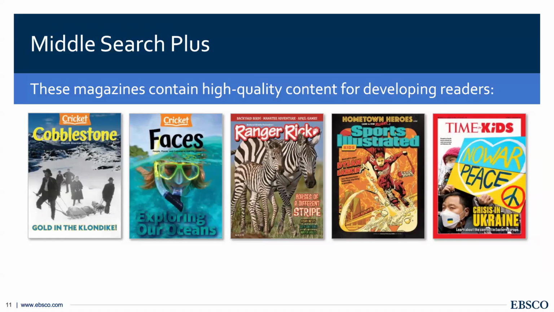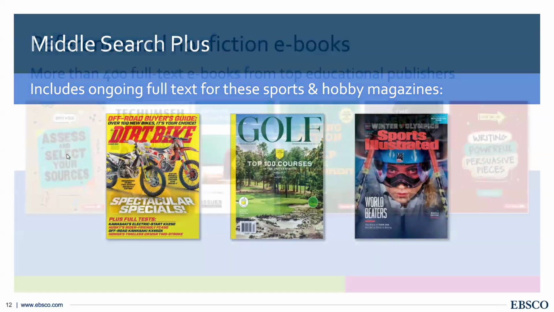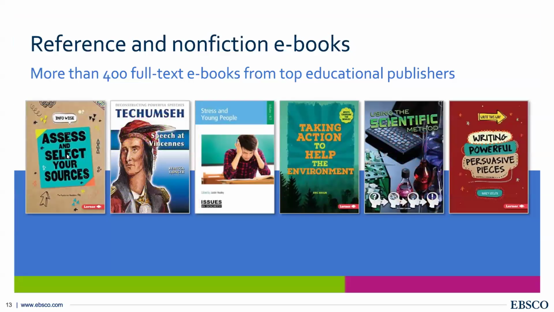Also, Ranger Rick, Sports Illustrated, and those Cricket titles. We also have access to some great sports magazines, including Dirt Bike, Golf, and Sports Illustrated. And in terms of the 400 full-text ebooks from popular educational publishers, you'll see some of those titles depicted here as well.